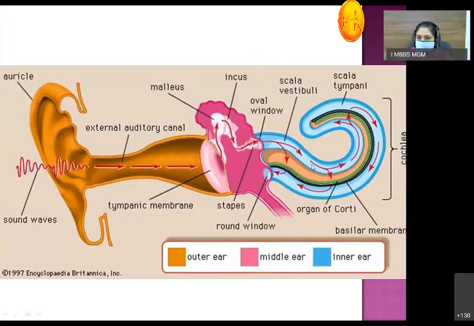This is the inner ear, where you can see the uncoiled structure of the cochlea. This part is called the scala vestibuli and this part is called the scala tympani.